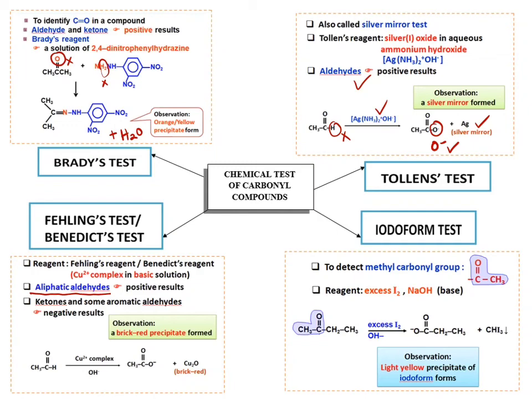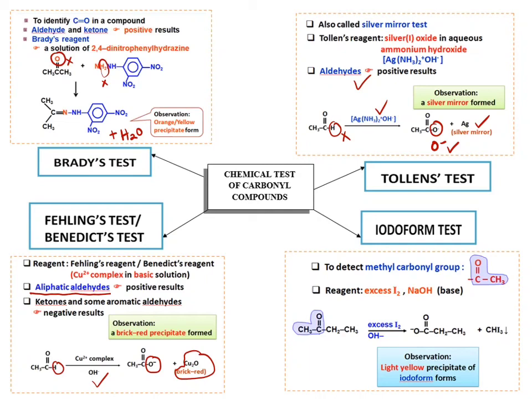This is how you write the reagent. Same as the Tollens test just now, we substitute hydrogen with O minus. Very simple. And we have the side product, which is this one, Cu2O. That is the brick red precipitate. When you write the equation, make sure it is complete with the side product.